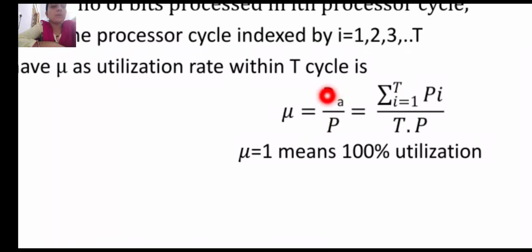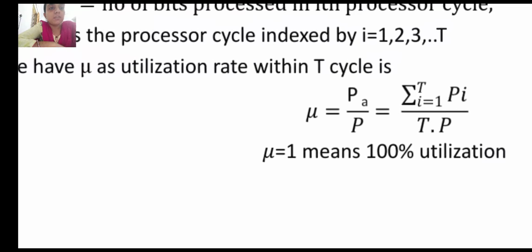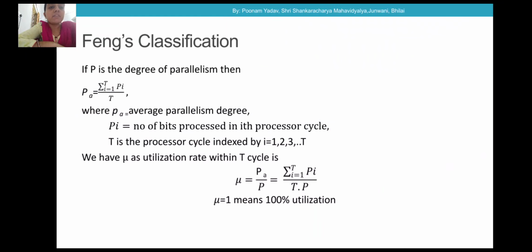Okay, so average degree of parallelism upon P. Okay, so in this way we can say if P is equal to PA, then we will get mu equal to 1, meaning 100% utilization.